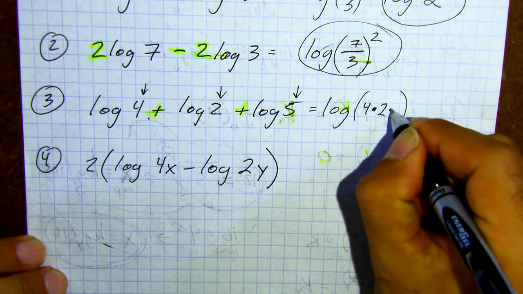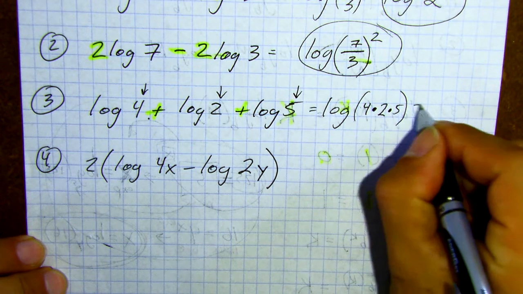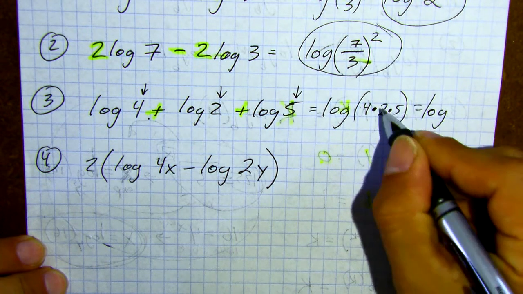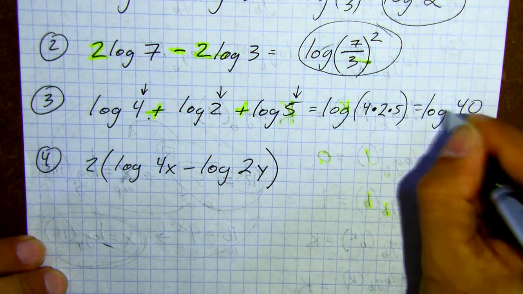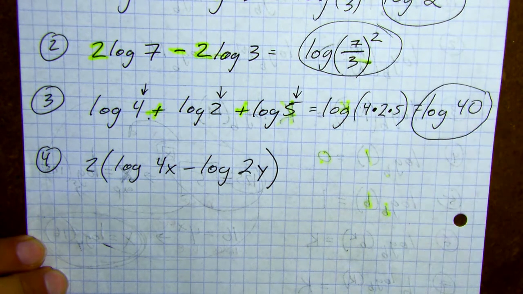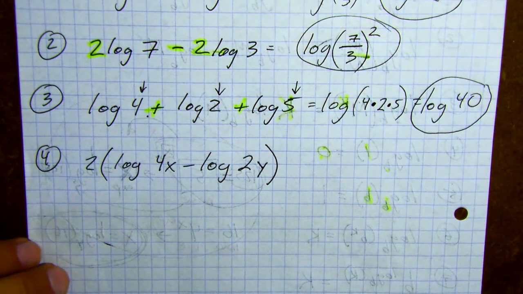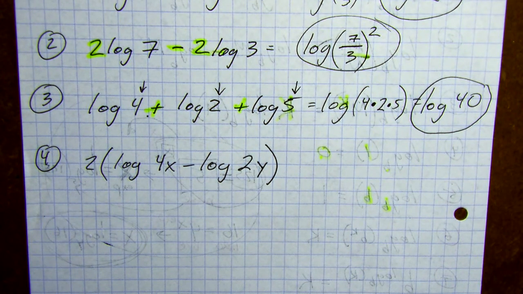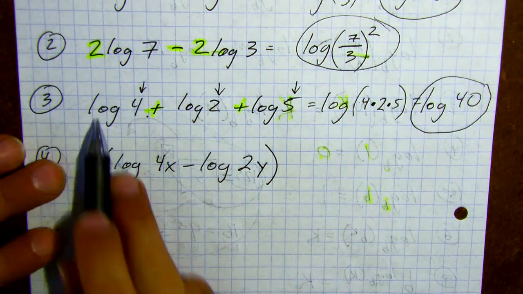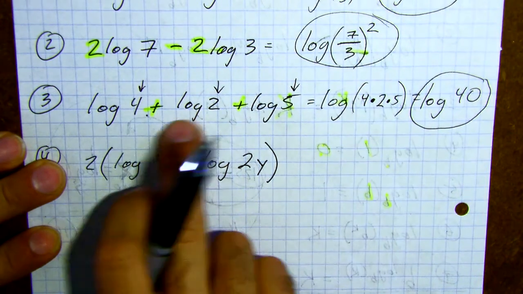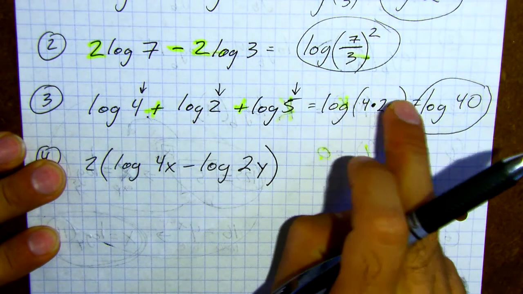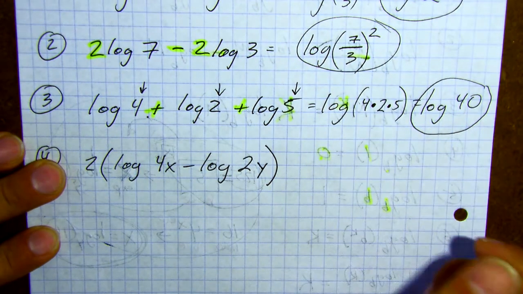It's going to be multiplied to the 5, which is what? 2 times 5 is 10, times 4 is 40. Not bad. Is that one a little harder? When there's 3, it's not too much harder, right? If this was like 20 terms, you would end up with log of each of the index values just multiplied together. You get to the 40.